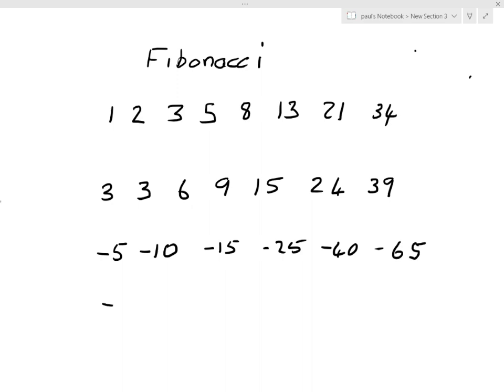And what if we start with minus 5 and 5? Minus 5 and 5 are 0, 0 and 5 are 5, 5 and 5 are 10, 5 and 10 are 15, and 15 and 10 are 25. So it sort of goes up and down a bit. Fibonacci sequence. Perfect. Alright.